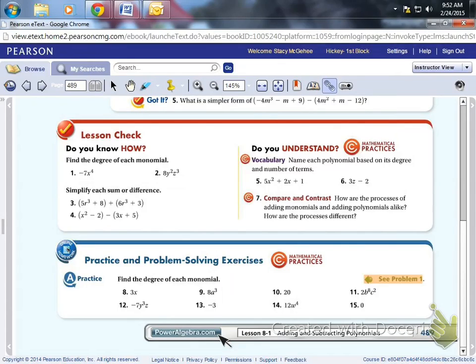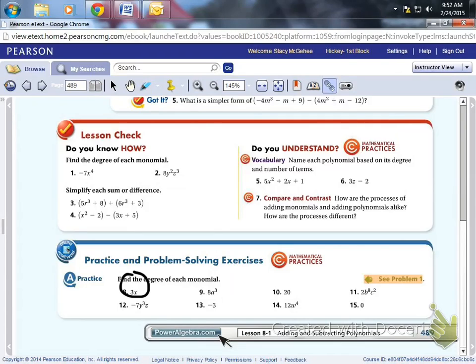Okay, so you're following along on your homework. Number 8 is 3x. Right there, 3x. So the x itself has one exponent, all right, because it's the variable by itself. Any variable by itself with nothing is an understood 1.